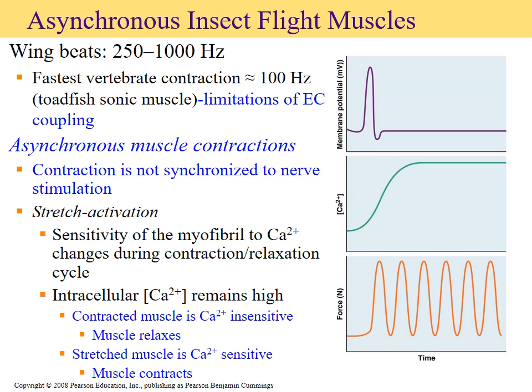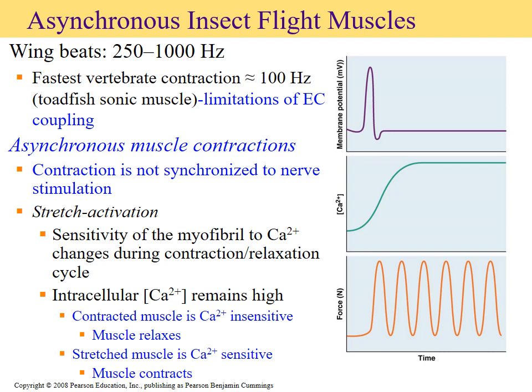Now, what we see happening is that when we take a look at insects and how they use their flight muscles to basically cause their wings to go up and down, we see that they do this thing called asynchronous muscle contraction. And this muscle contraction basically means that it doesn't continuously rely on nerve stimulation. And because of this fact, it's able to alter its calcium sensitivity because it's going to utilize this thing called stretch activation.